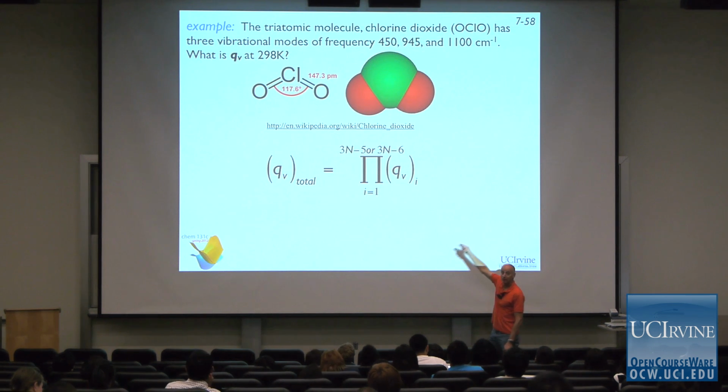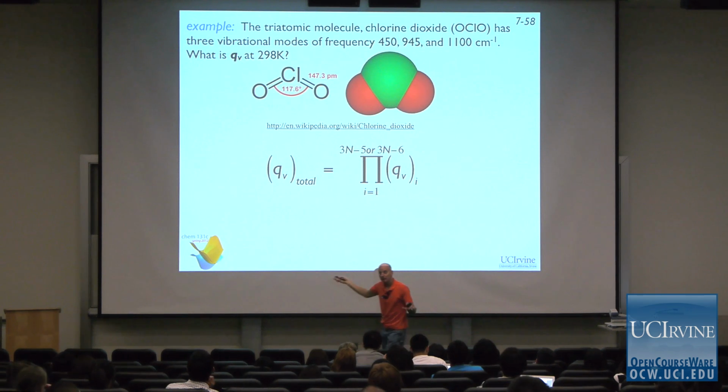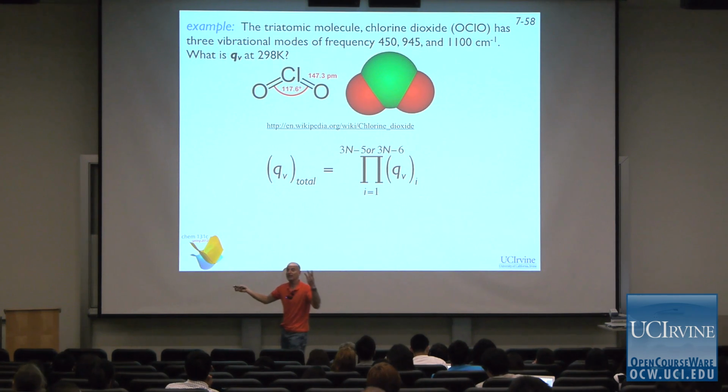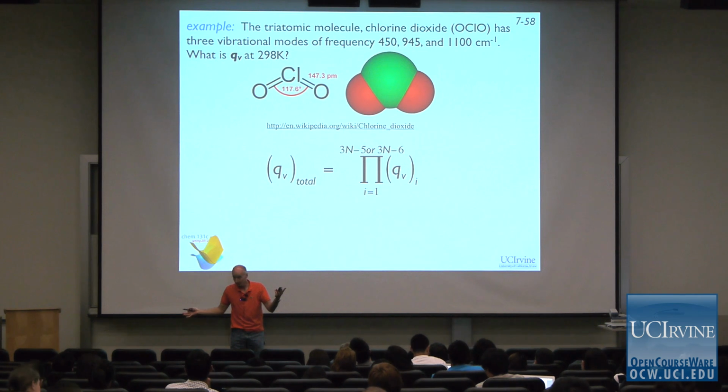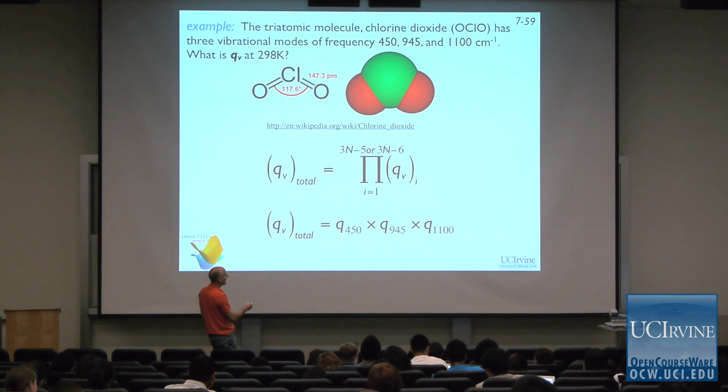I didn't, but we know that it's a nonlinear molecule, so that's 3N minus 6. N is 3, 3 times 3 is 9, minus 6. So there are only 3 vibrational states in this molecule, and if I give you 3 energies, you know they're all non-degenerate. So it's 3N minus 6, it's 3. And so the partition function is just going to be that times that times that.